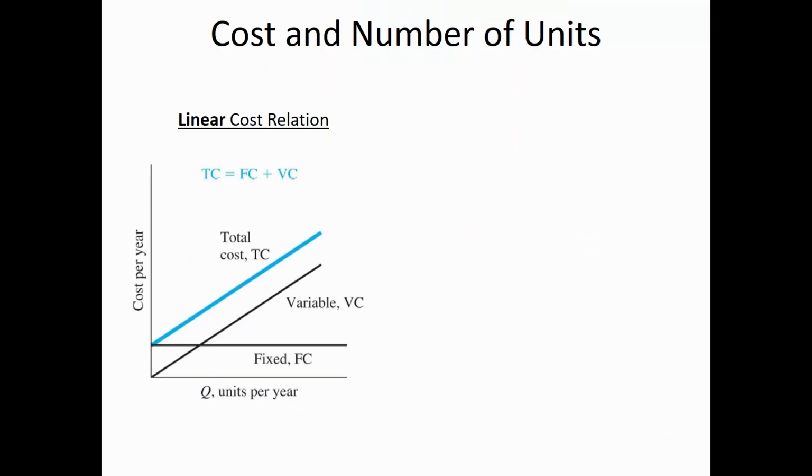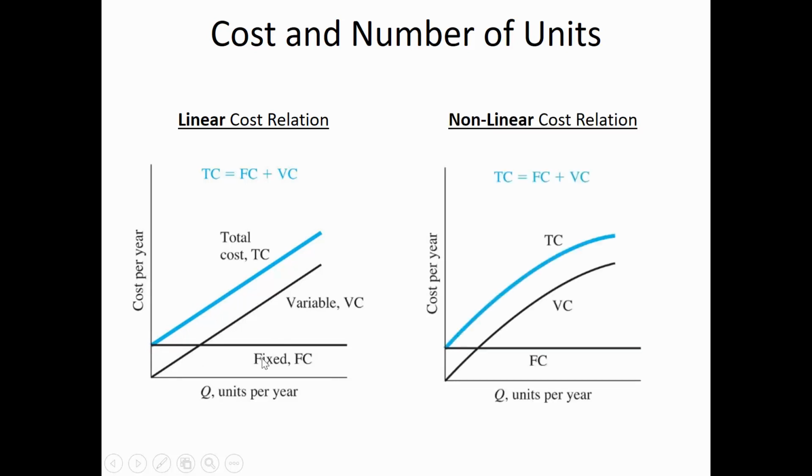All right, so we've seen this before, the cost relationship between the units of production and cost. And remember that the total cost is the variable and fixed together. Now, there can be nonlinear cost relationships. And think about, what is this nonlinearity implying?